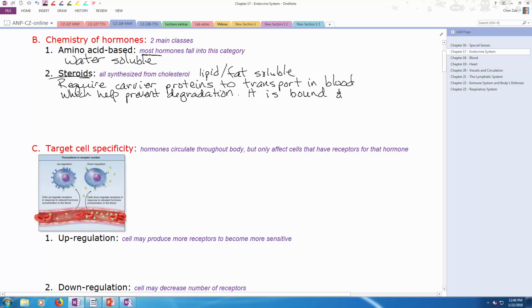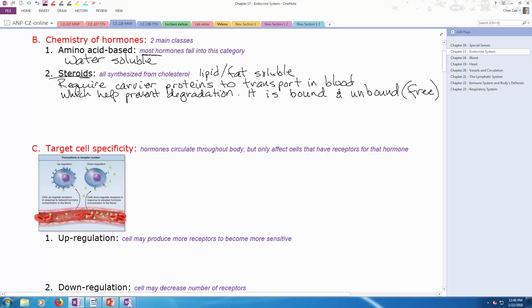And when we're going to use it, it's unbound. So the carrier protein is there to slow down degradation, to get it where it needs to be, and it will be bound whenever it's moving it around. Then when it's unbound, it means that it's releasing it to its target organ. And the unbound is also referred to as free.